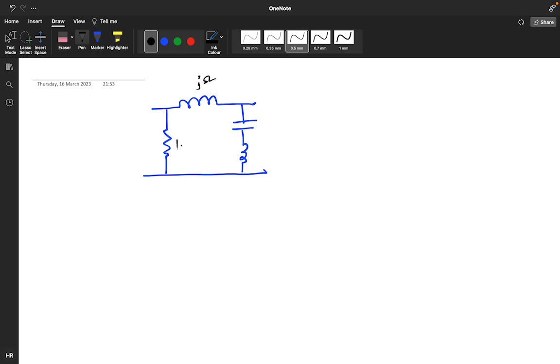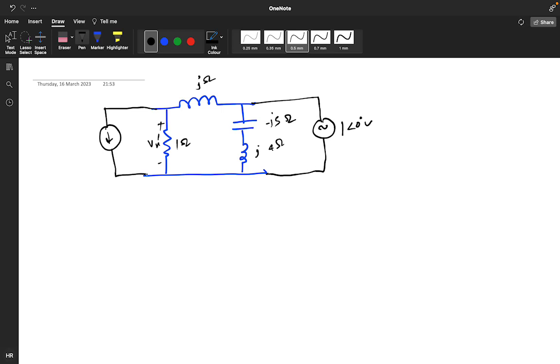This is your 1 ohm. This is marked as Vx, and the capacitor value is given as minus j5 ohm, your inductor value is given as j4 ohm, and here a source of 1 at an angle 0 degree volt, and here the current source is 1 at an angle 0 degree.